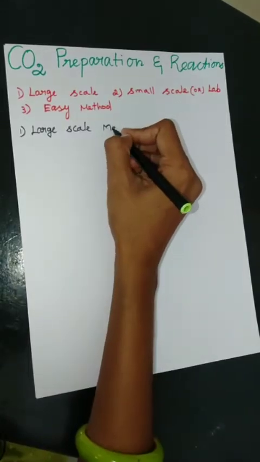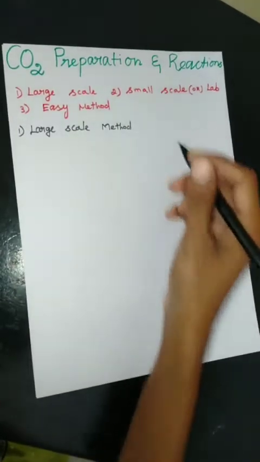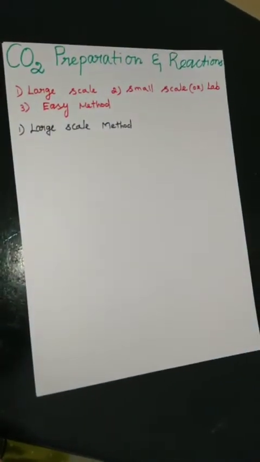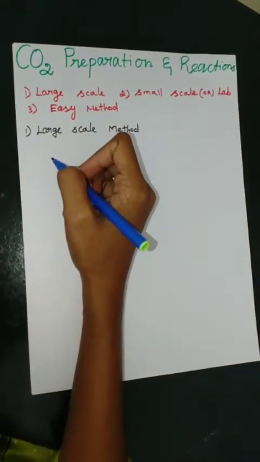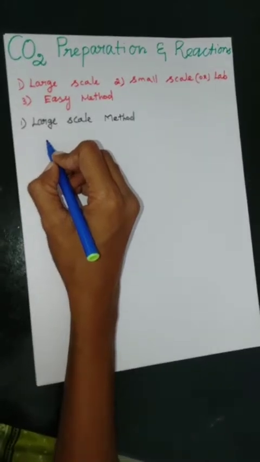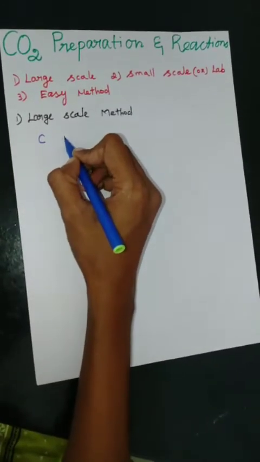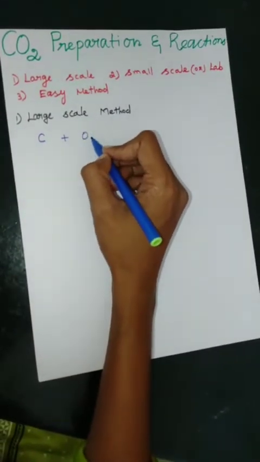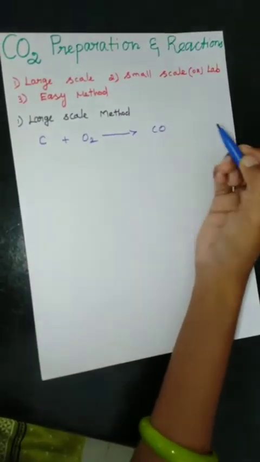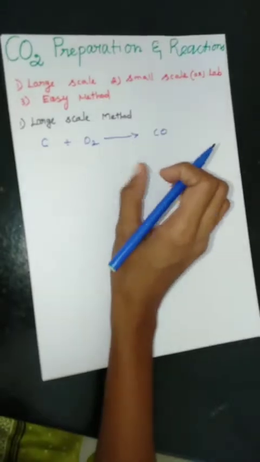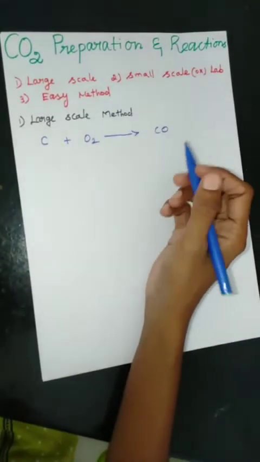Large scale method. So in this large scale method, we use coke and it reacts with oxygen. This gives carbon monoxide, and it is heated in an excess of air.